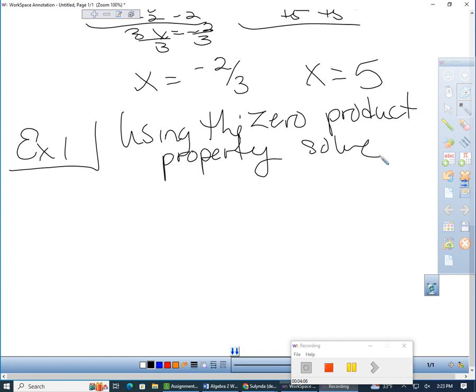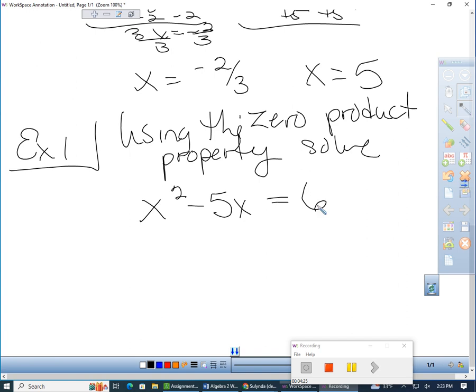Solve. Let's go with x squared minus 5x equals 6.